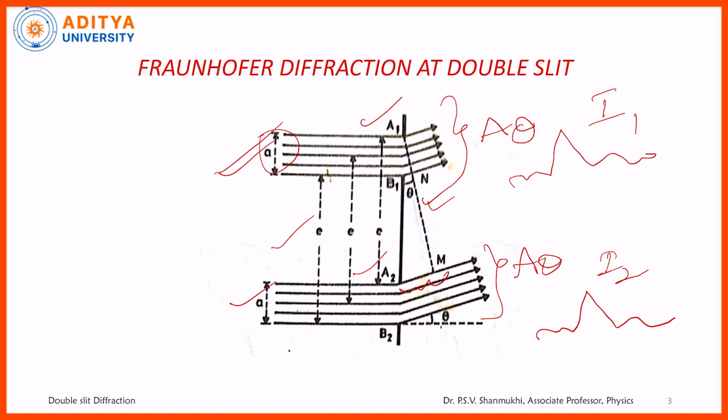Then what is this path difference? You can take sin theta is equal to opposite by hypotenuse, that is B1 A2 by A1 A2, and A1 A2 is e.